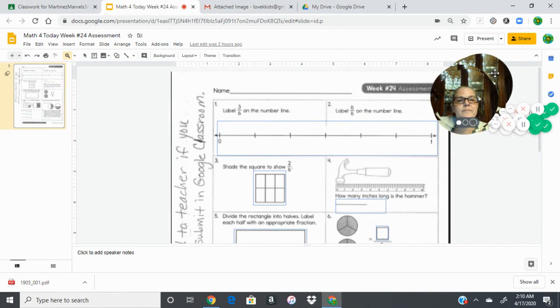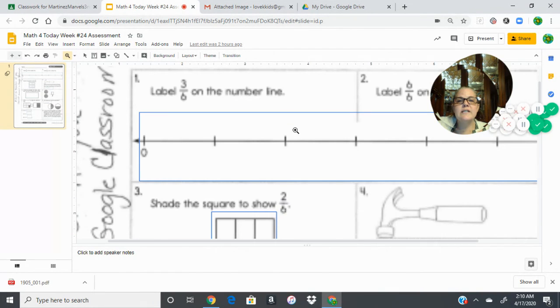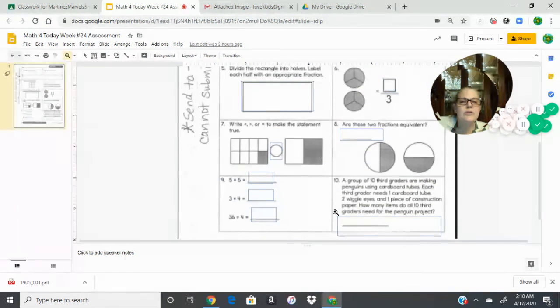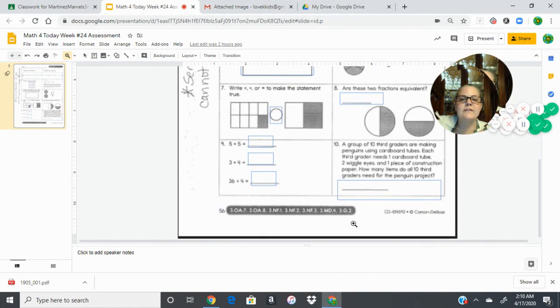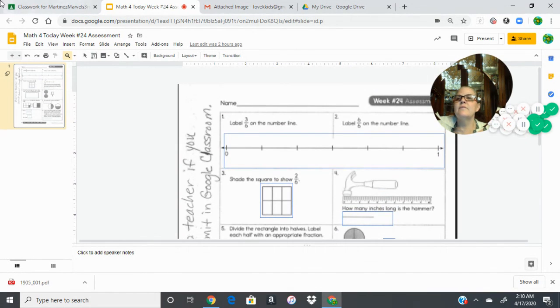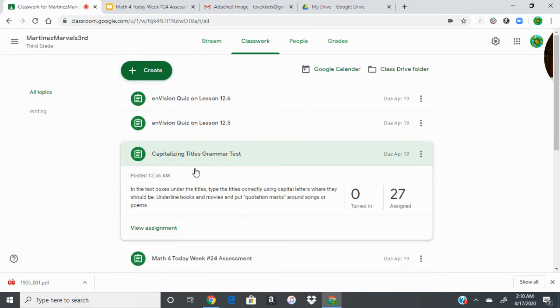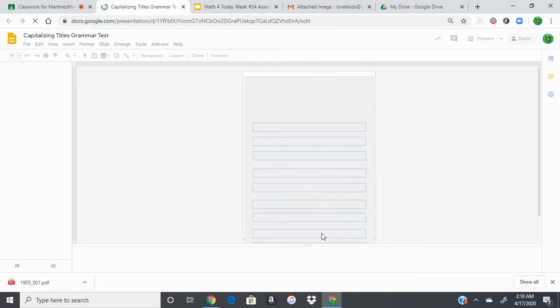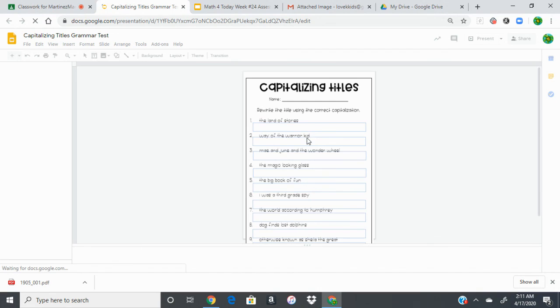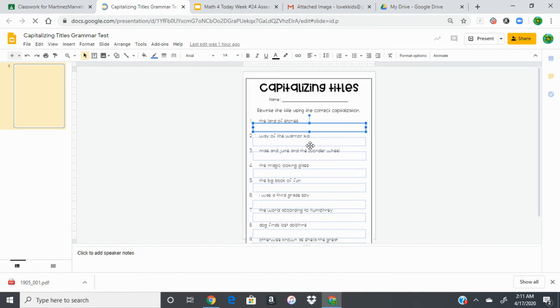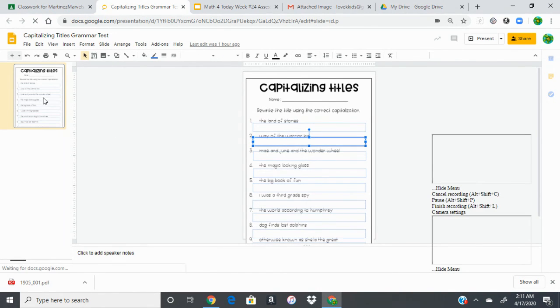Okay. So there's text boxes that you can finish your work on, and they're purple. They may look blue. On this page, it's blue, I guess. All right, so there's that one. We also have our grammar test today. And there's that one. And so there's text boxes underneath for you to type your answers in.